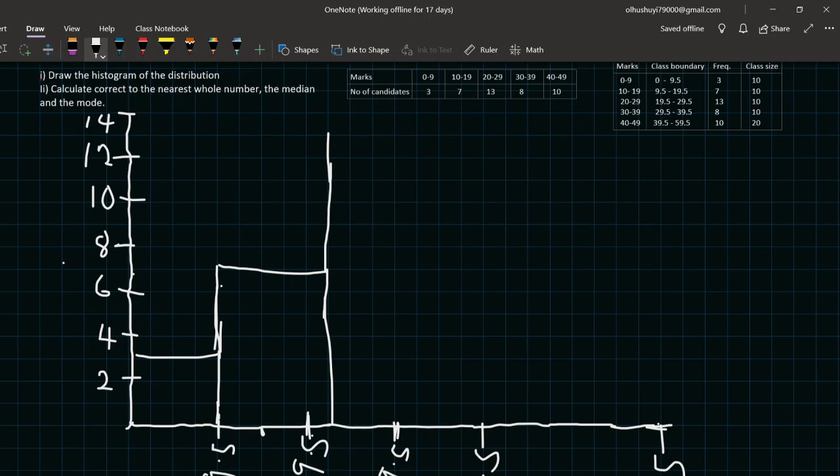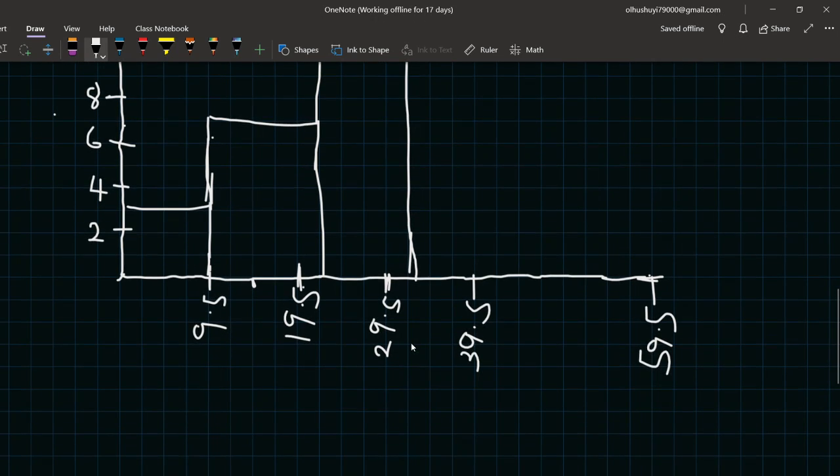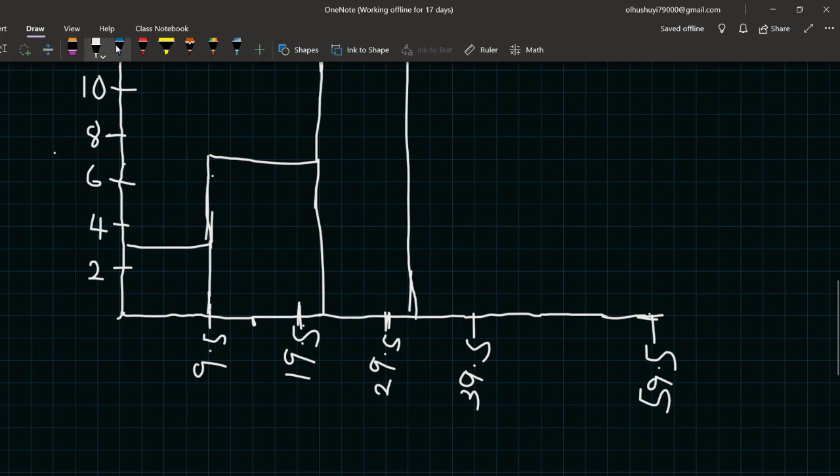So 1, 2, 3, 4. Can you see that? 1, 2, 3, 4. This should have been here. Sorry about that, mix up. So this should be 29.5 rather. Sorry, there's a mistake there.